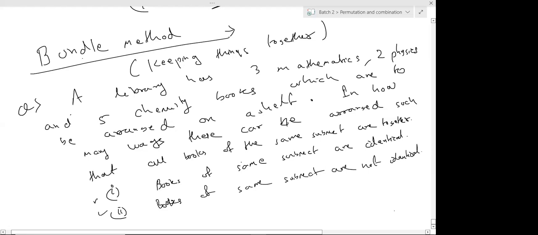Alright, the difference between 2 parts. All mathematics books are identical, absolutely identical. All physics books are identical. All chemistry books are identical. Here, even the same subject books are different. Alright. So how to solve this? Write it down first. Alright, then I'll explain. Write down the question.